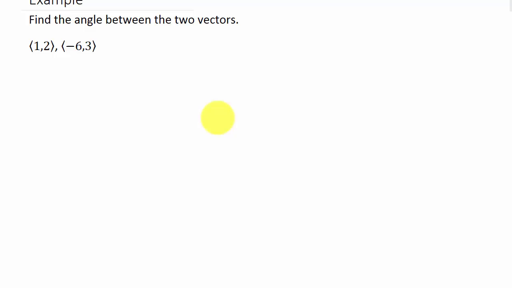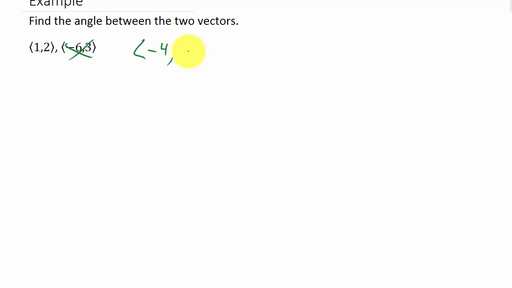Let's keep vector 1, 2 the same, and let's change the other one to, I don't know, maybe negative 4, 7. So once again, vector u will be 1, 2, and vector v will be negative 4, 7.